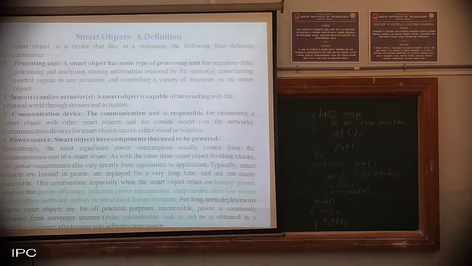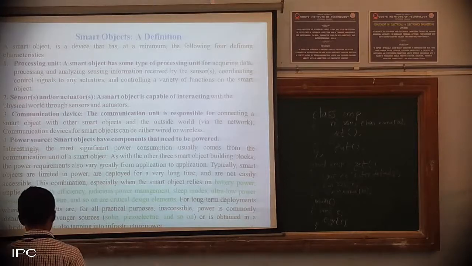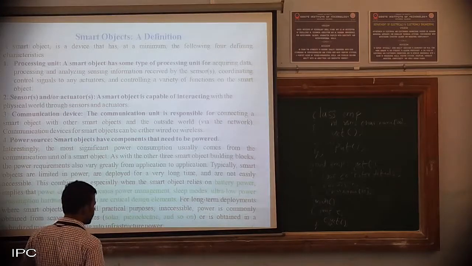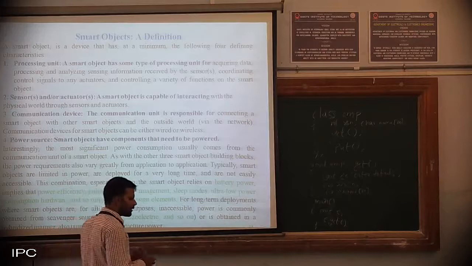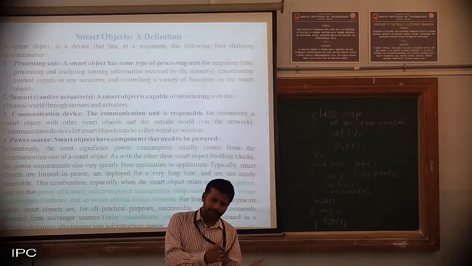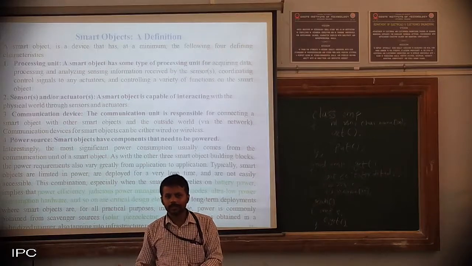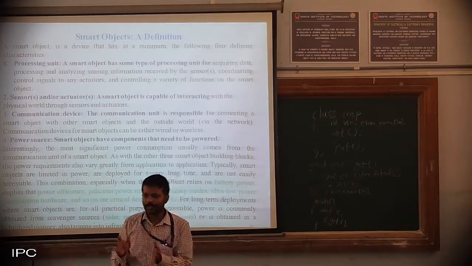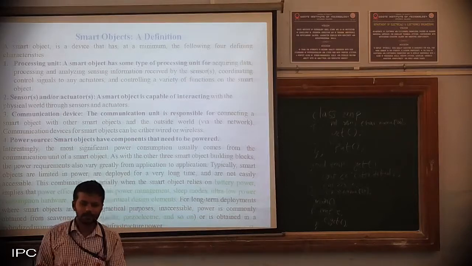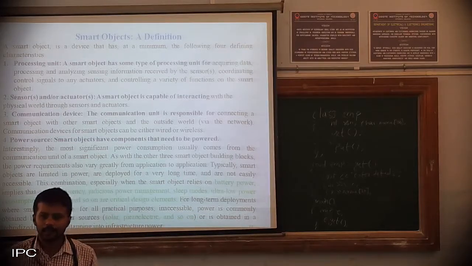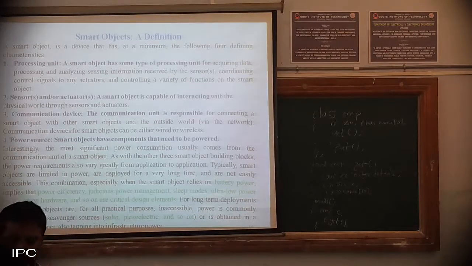The first characteristic is the processing unit. A smart object should have a processing unit, which is a microcontroller chip. Whatever data the sensor senses comes into the processor, the processor processes the data and decides what is to be done, meaning the action. It is decided by the processing unit.